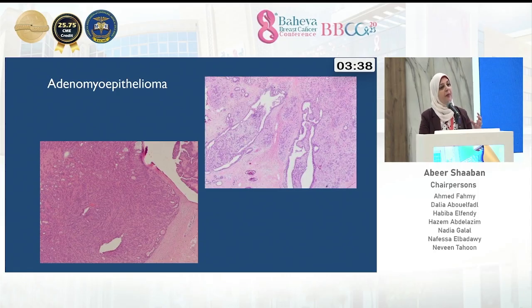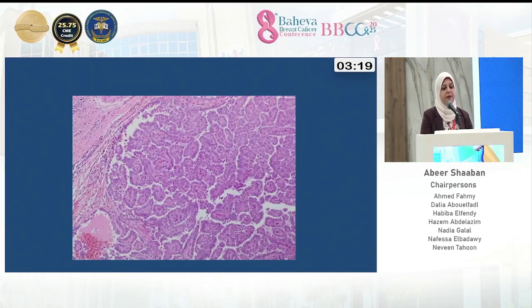So if you have a papillary architecture and a lot of myoepithelial proliferation, this can be either adenomyoepithelioma or intraduct papilloma with papillary hyperplasia. So consider it if you see a papillary architecture, particularly if it's focal, not prominent.